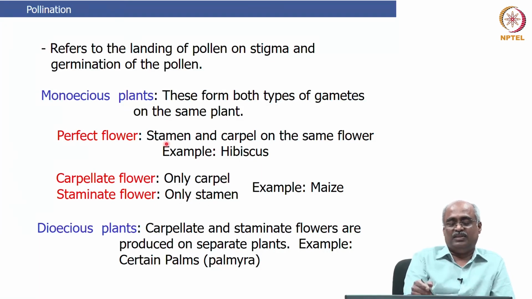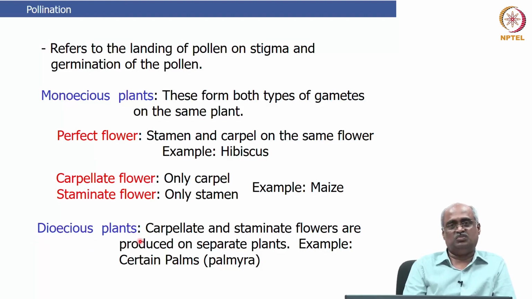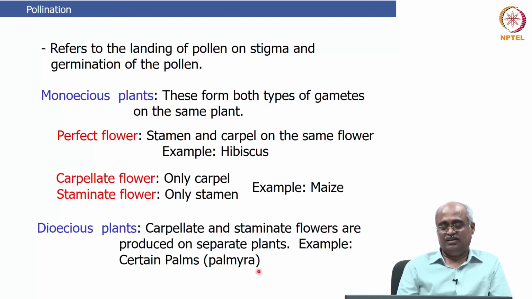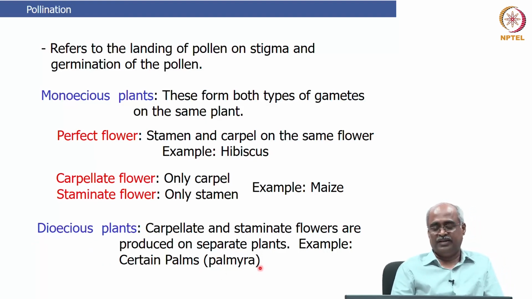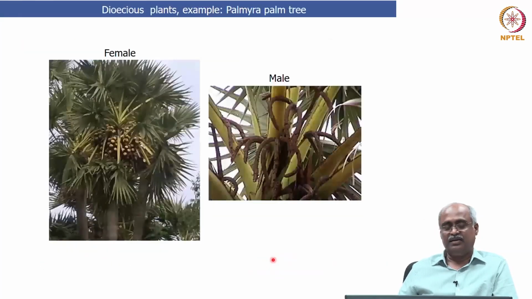If these are possible, then the other one, that is one plant being a male plant, another plant being a female plant, just like us, that also exists. They are called the dioecious plants. A good example is the Palmyra palm that is ubiquitous particularly in South India. I will show you that as well here.